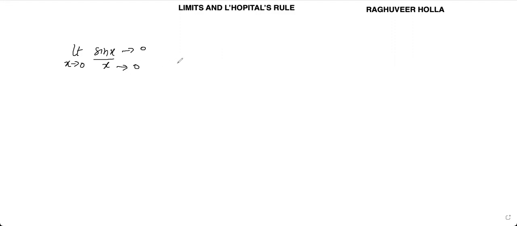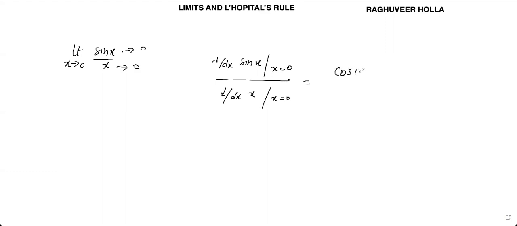By applying L'Hopital's rule, we take d by dx of sine x and d by dx of x, then substitute x as 0. This is cos 0, which is 1, so 1 by 1, which is 1.